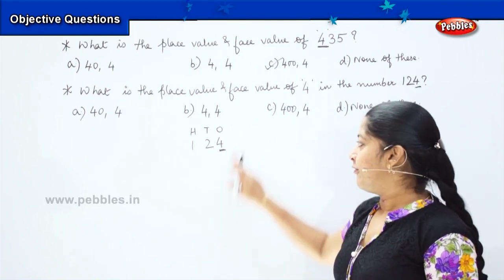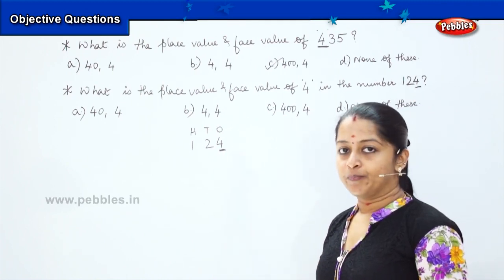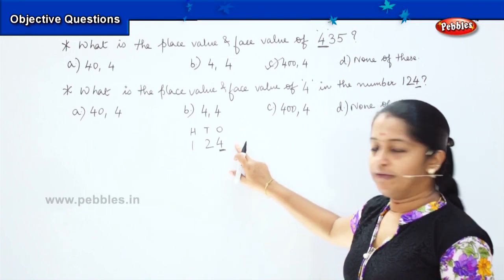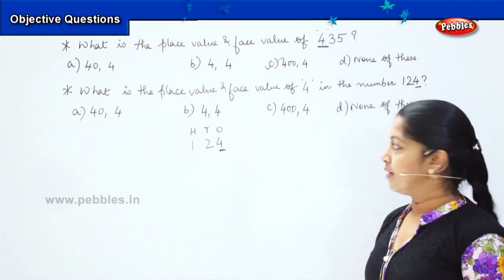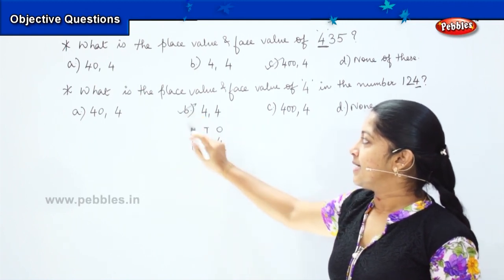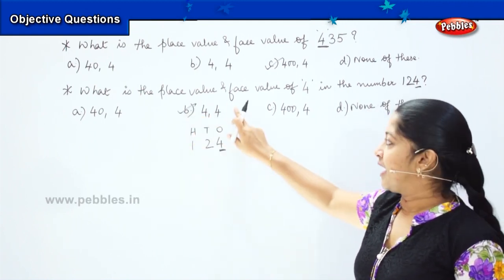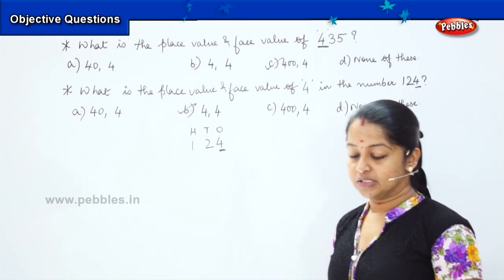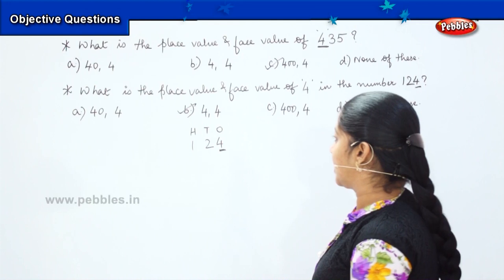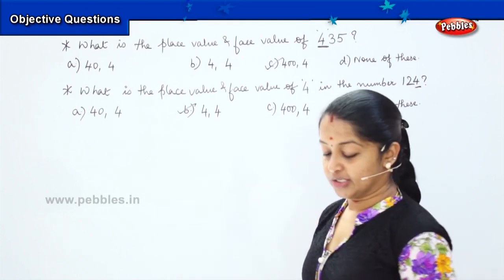As I said, face value will remain the same. So my answer should be 4 and 4. Where can you see that option? Good. It is option B. So my answer is place value is 4 and the face value is also 4. Are you clear? Shall we do the next sum? Okay. So here is my next question.